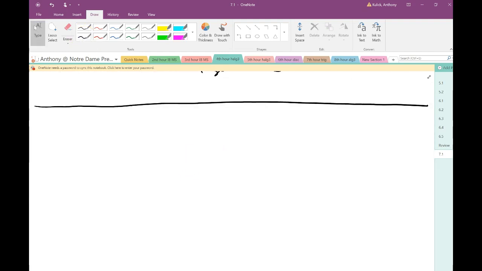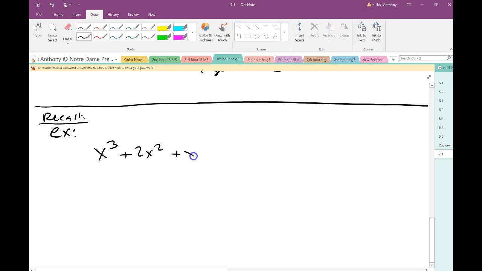So in the last section, we did problems where we needed to be able to factor things like x cubed plus 2x squared plus x plus 2. And this you could do just by grouping.